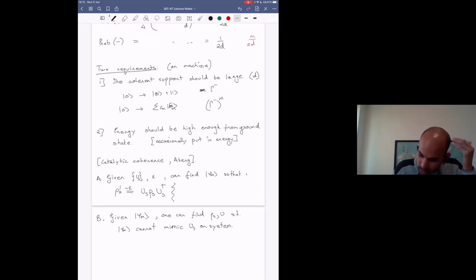So the most usual one is the trace norm. So you go the trace norm, the one norm of rho s prime minus U_s rho s U_s dagger, which off the top of my head, I'm not sure how this is calculated.